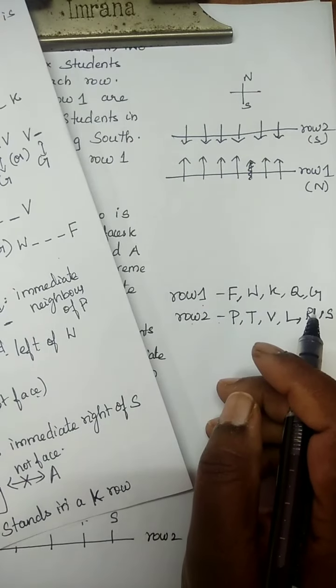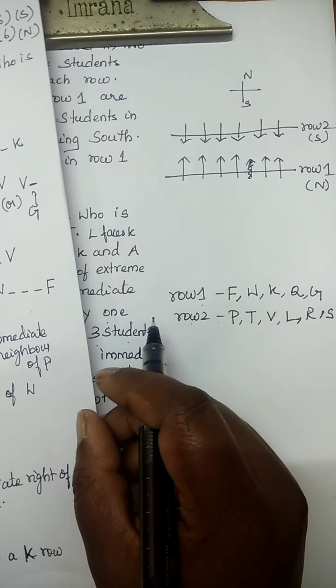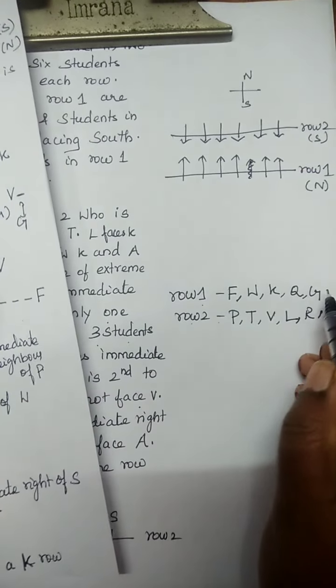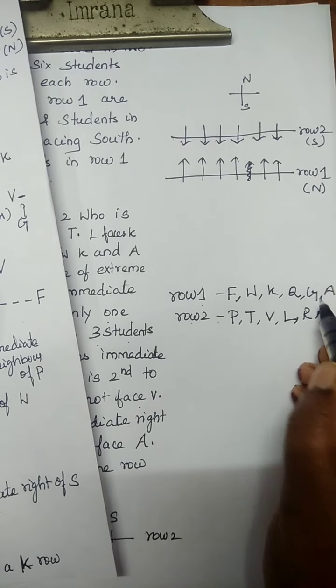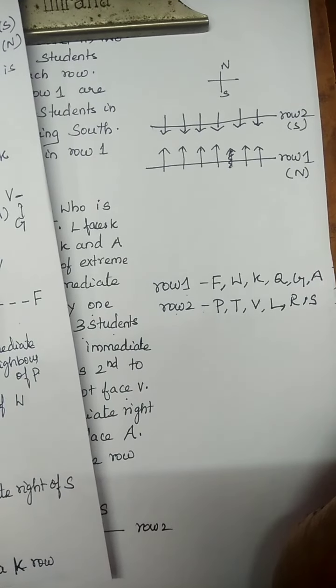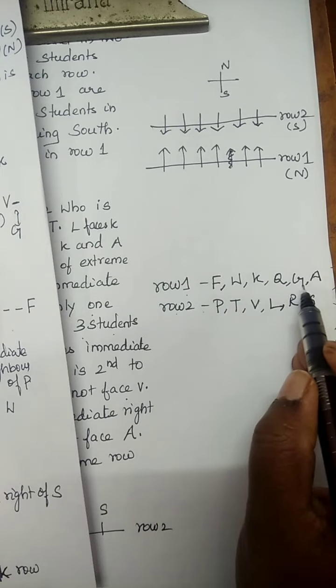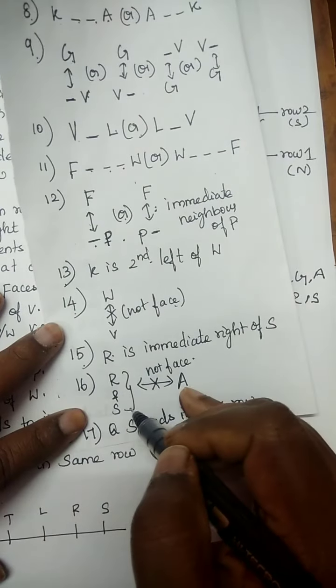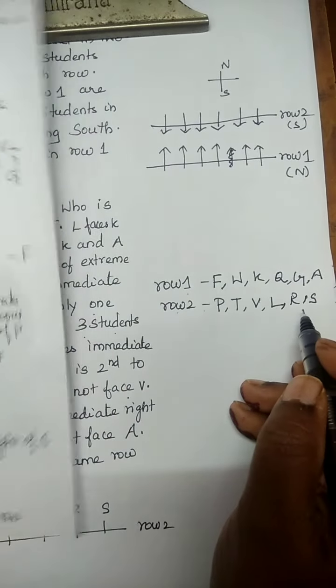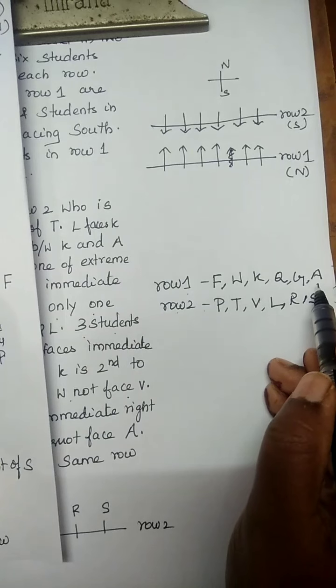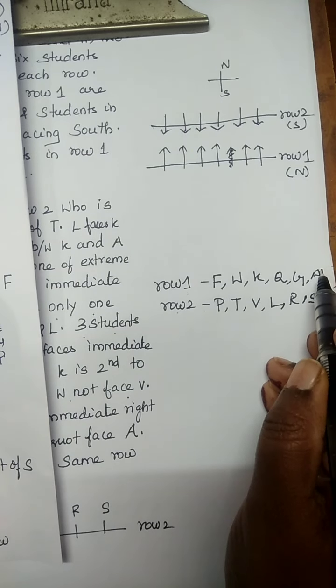So A must be at in which row? In row 1. Can you get this, guys? A must be at row 1. See here, R and S does not face A. So A must be at row 1.